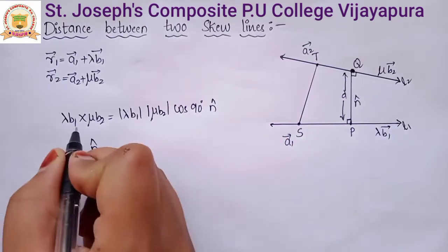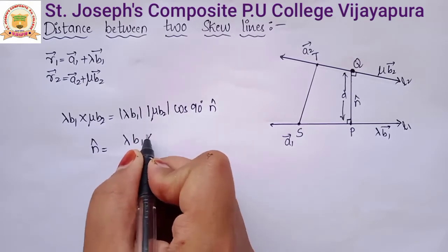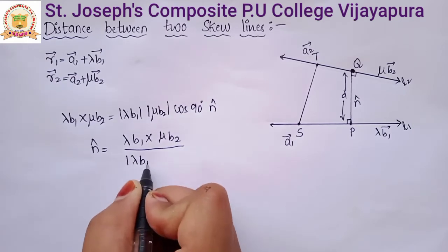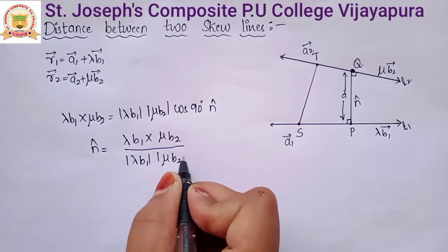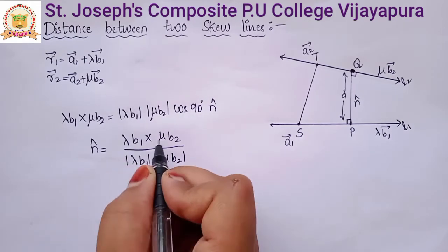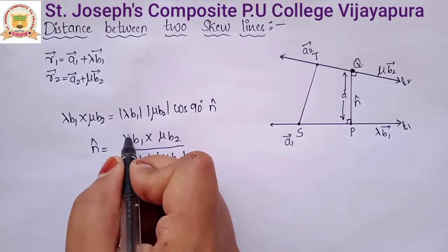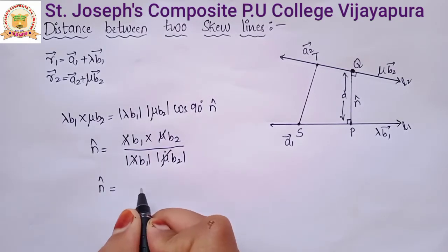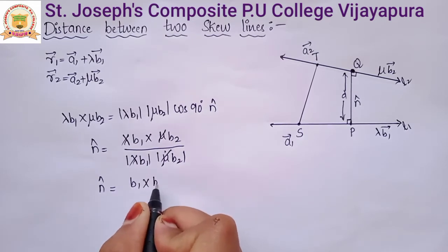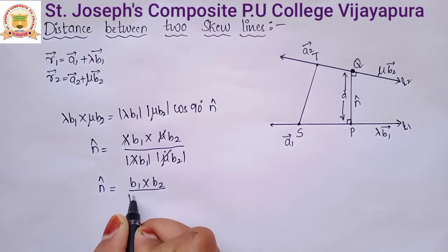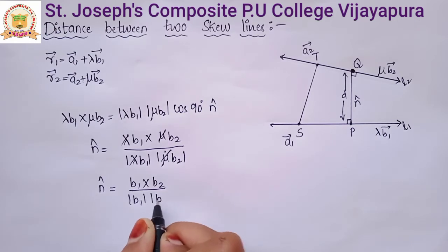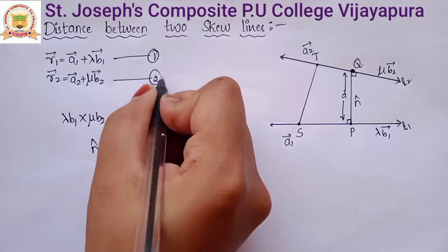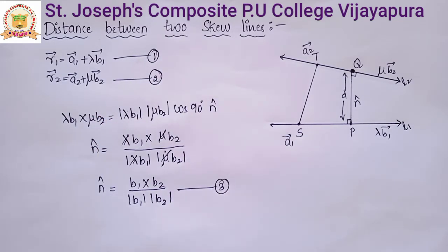So n unit vector is equal to lambda b1 cross mu b2 divided by magnitude of lambda b1 into magnitude of mu b2. Here lambda and mu are arbitrary constants, so they get cancelled. You will get n unit vector is equal to b1 cross b2 divided by magnitude of b1 into magnitude of b2. Take this as equation 1, this as equation 2 and this as equation 3.